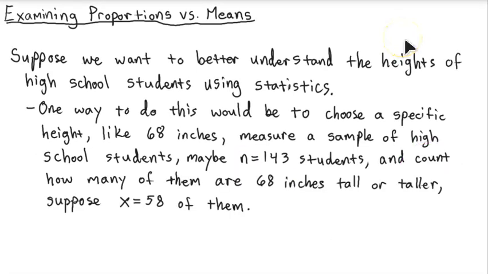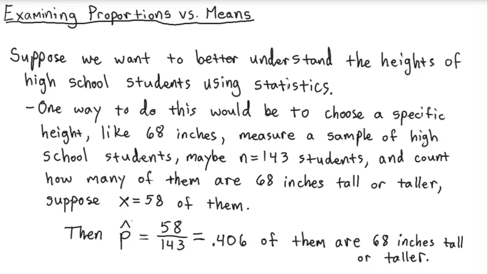And then we simply count how many of the 143 are 68 inches or taller. If they're 68 inches or taller, then we include them, and we call that a success. If they meet a certain criteria, we call it a success. Suppose that 58 of the 143 are 68 inches tall or taller.